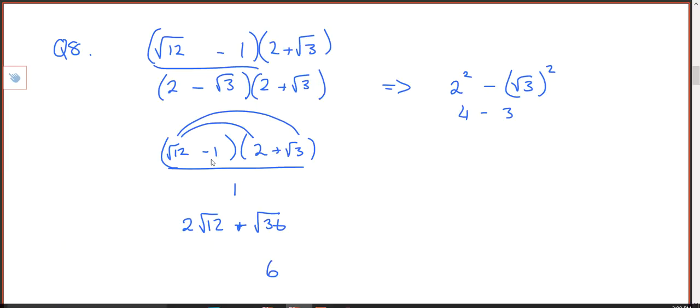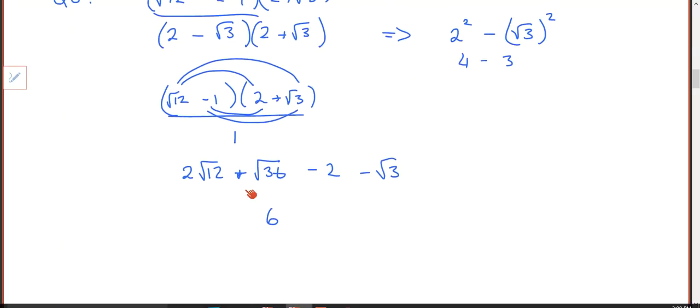Minus 1 times 2 is negative 2. And then negative 1 times positive root 3 is negative root 3. I guess that's the problem area for some people. So I've got 2 root 12 plus root 36 becomes 6, minus 2, minus root 3.